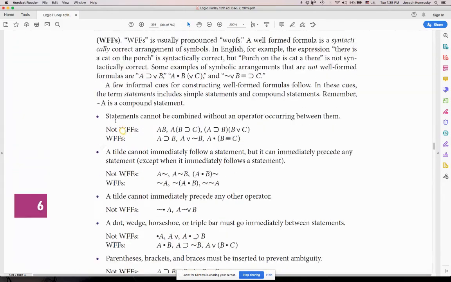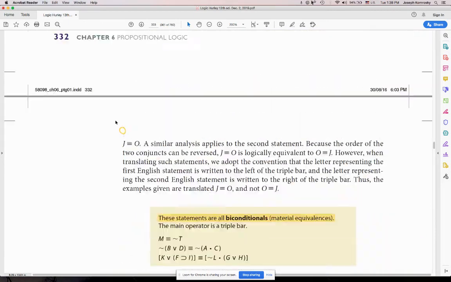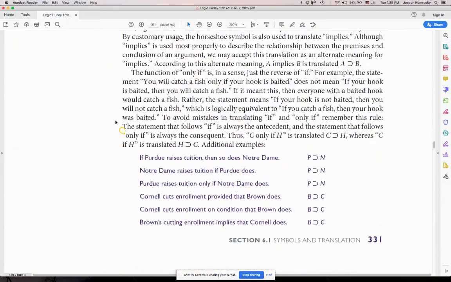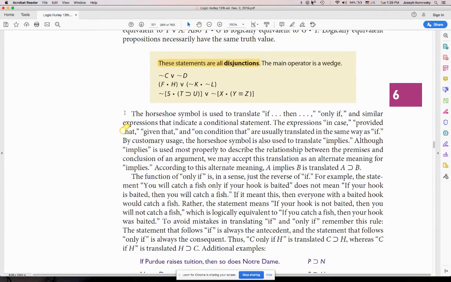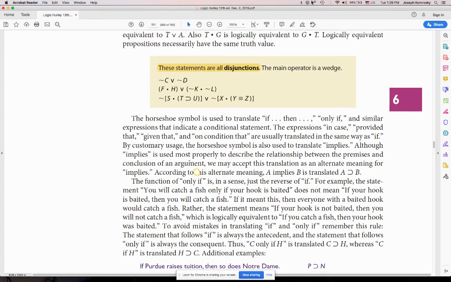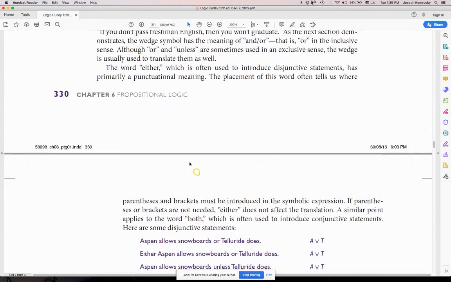So this is a good cheat sheet. And we find out that in each section, let's say we're in the horseshoe section, he tells you if, only if. He goes through and he quotes only if. And he gives you a bunch of examples there. It's just that the cheat sheet kind of keeps it simple.